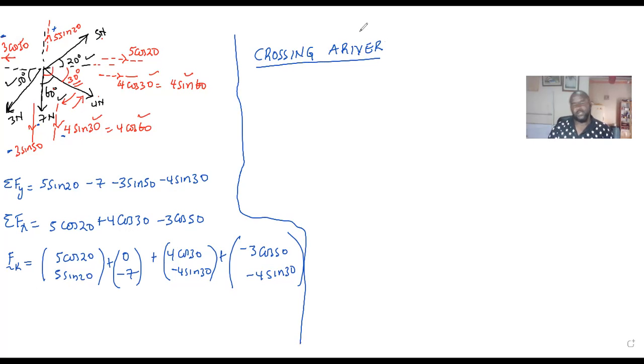So the new definition I want to talk about before we close is what we call crossing a river. I think all of you have ever seen rivers. And the river has a downstream and an upstream. And the river flows downstream.